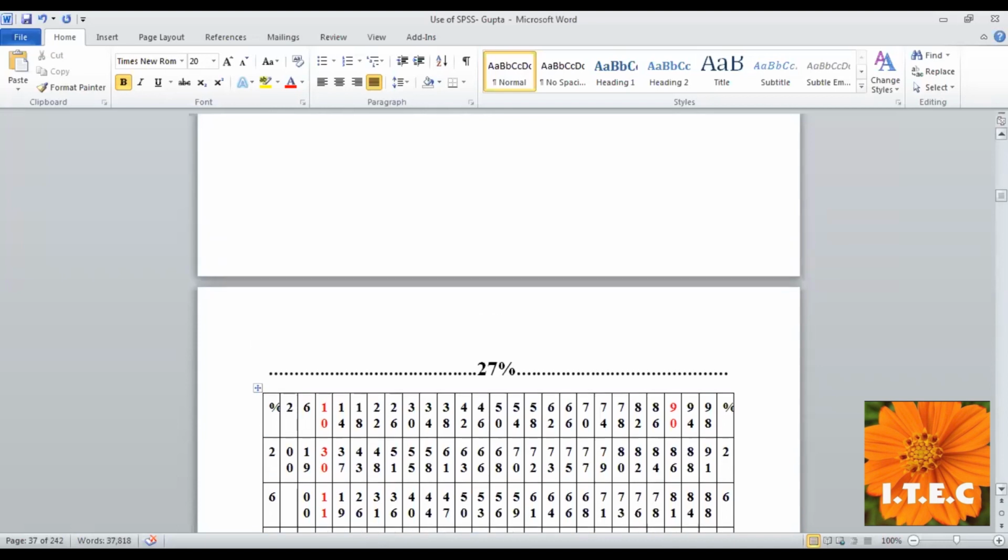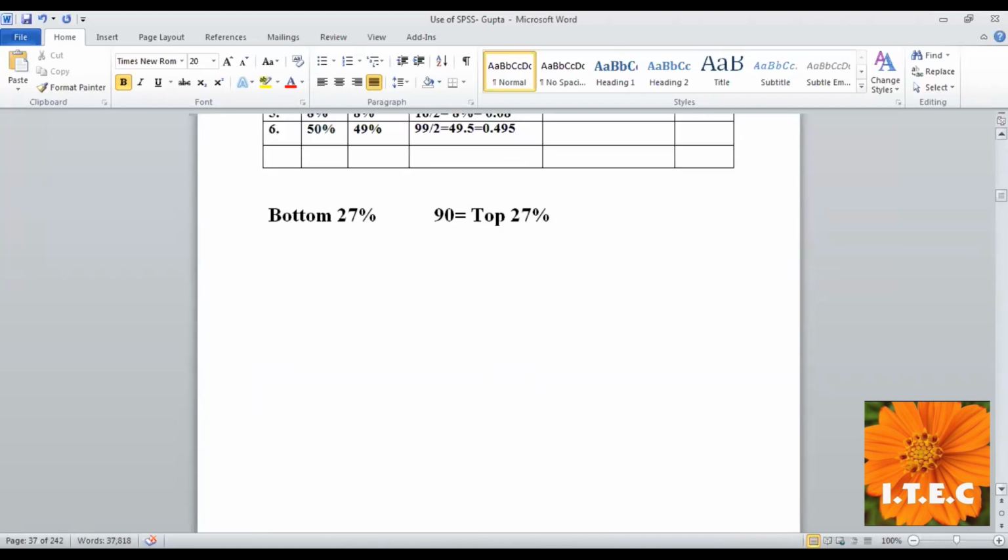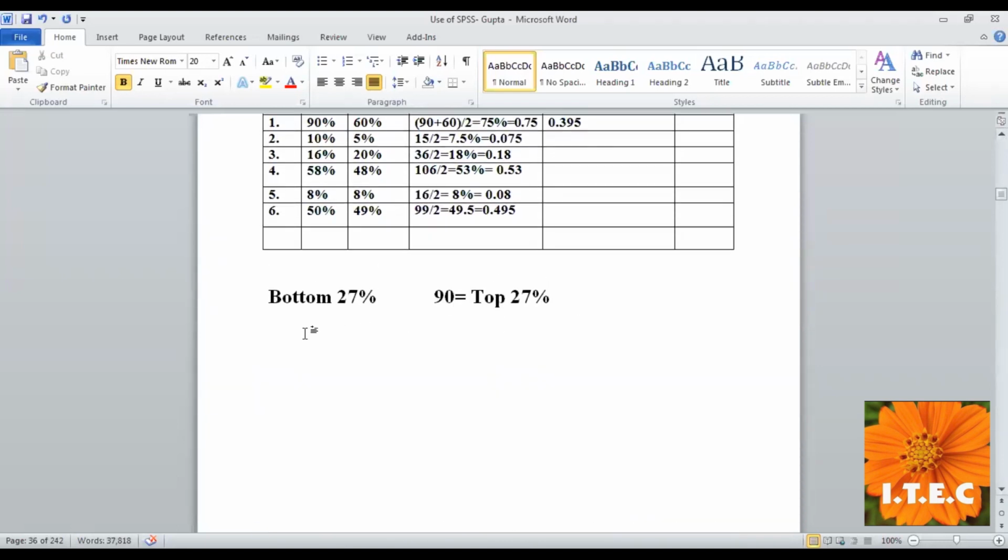Now, here it is. Bottom 27 is 2, and this is 6. And you have to find out the 5.